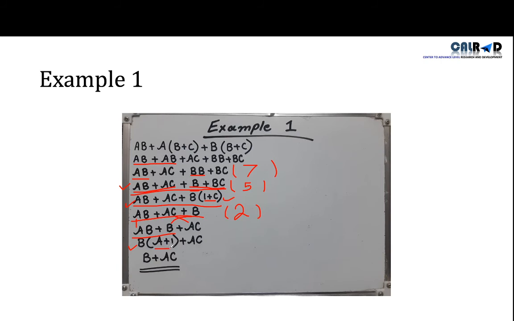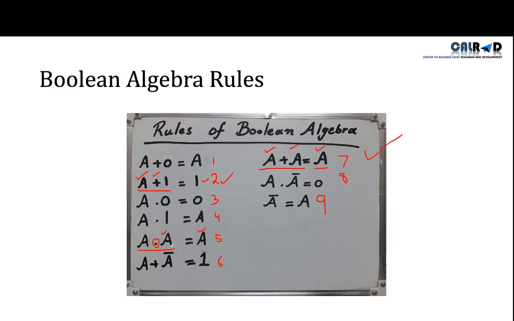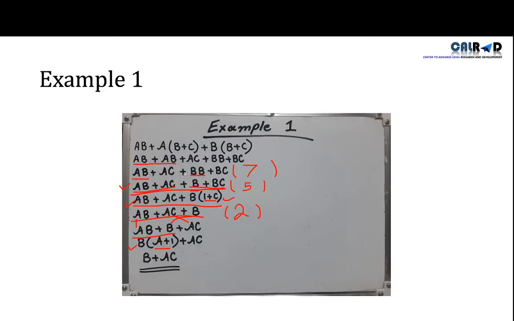Again, remember the rule: A plus 1 is equal to 1. So again we are applying rule number 2 here. So the remaining is B plus AC, because this is 1. Now this equation cannot be further simplified, so this is our final equation.